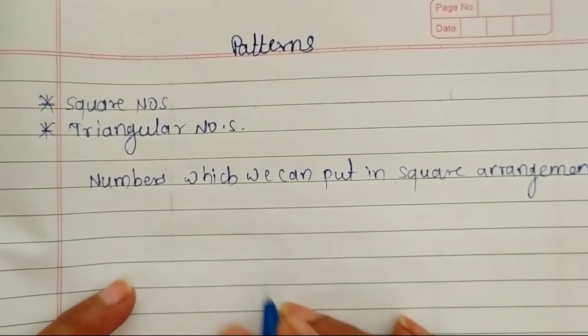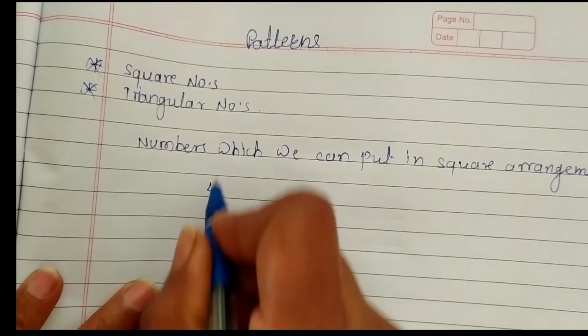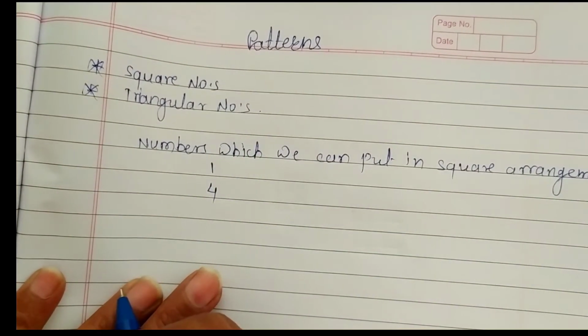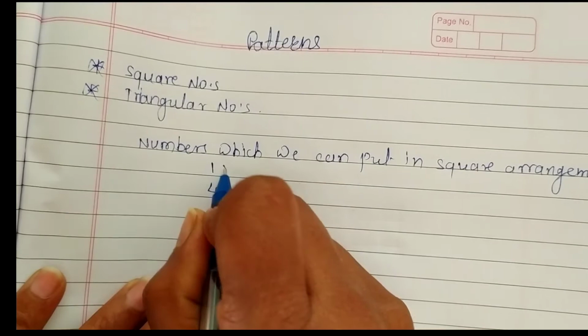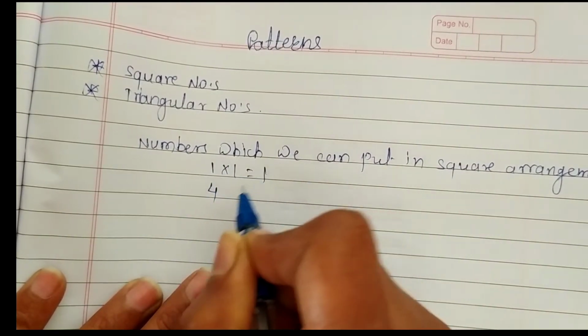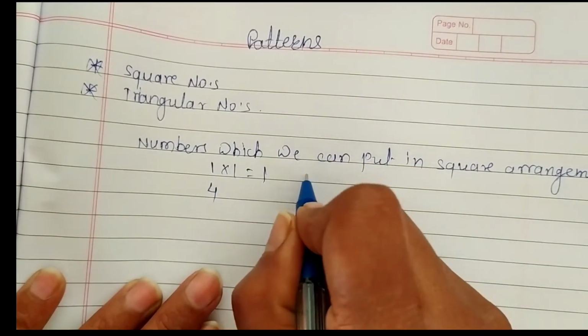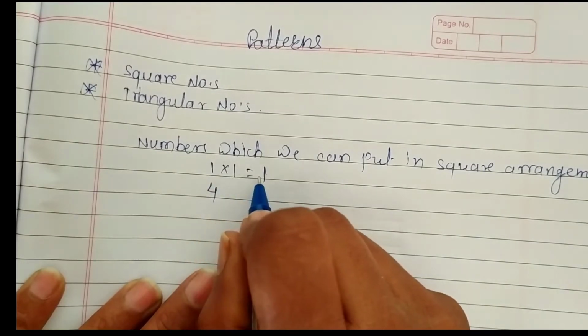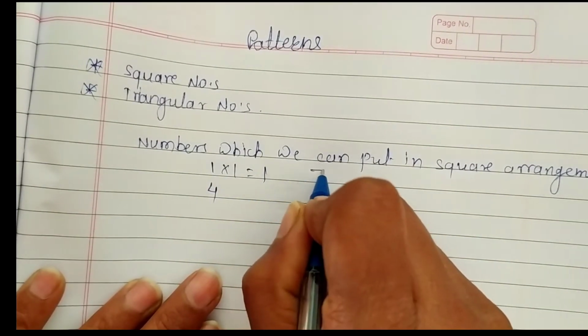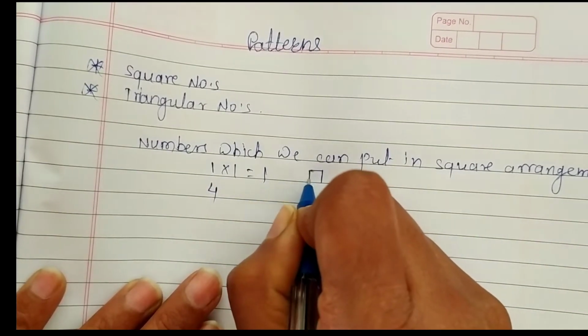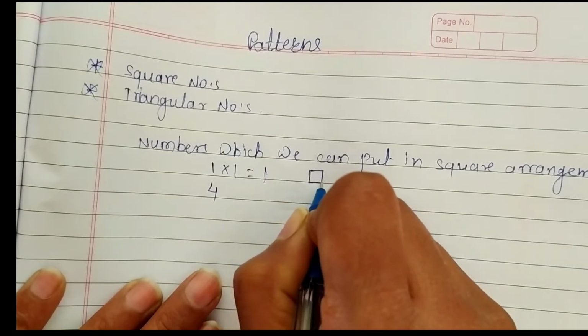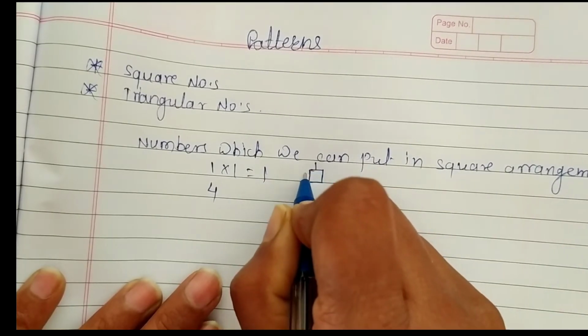For example, look at the number 4. First, 1 into 1 is equal to 1, and we can arrange this 1 in a square. 1 multiplied by 1.